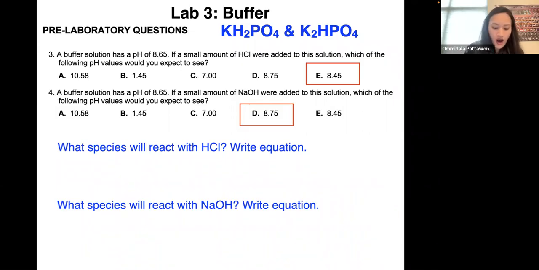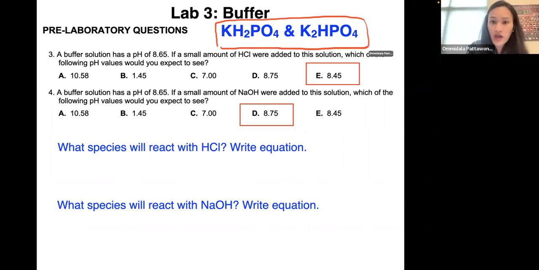When we're looking at a buffer solution, especially the one that we are going to do in lab, this buffer is going to contain these two salts. Again, these two salts are a conjugate acid-base pair, and we already established that this is going to be the acid part, but this is going to be the base part. Because a buffer solution contains both of these, when you add something else to it, such as hydrochloric acid, you are adding an acid to it, which is H+.